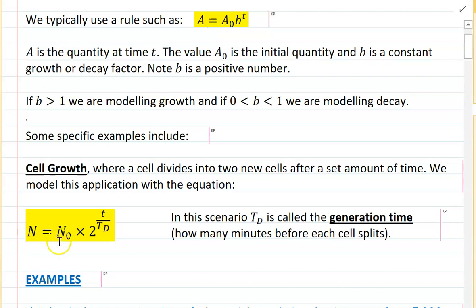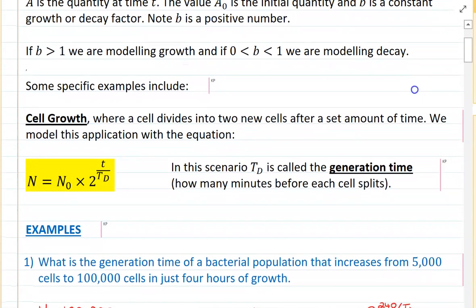So we would say that 5,000 is N0. 2 is our growth factor, and then this power here, T divided by capital TD, this is our power. And in this case, the power represents the generation time. So we've got T divided by the generation time, and the generation time is how many minutes before each cell splits. So I'm going to do a specific example using this model here.